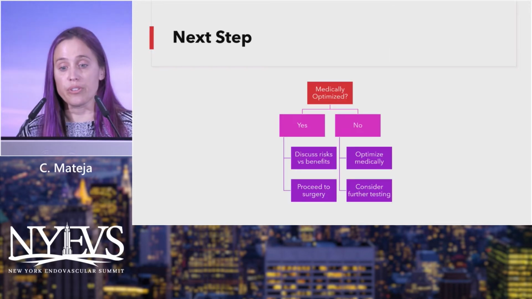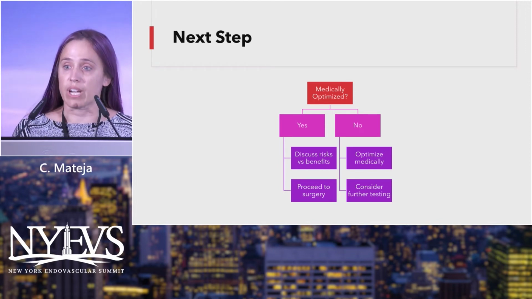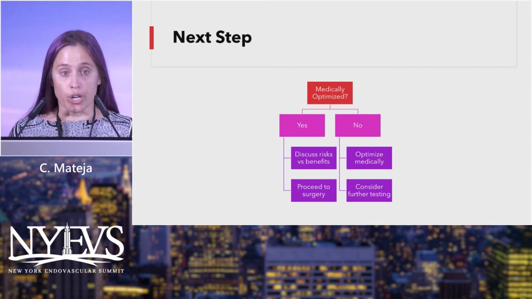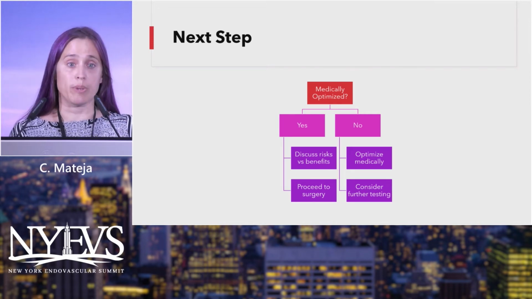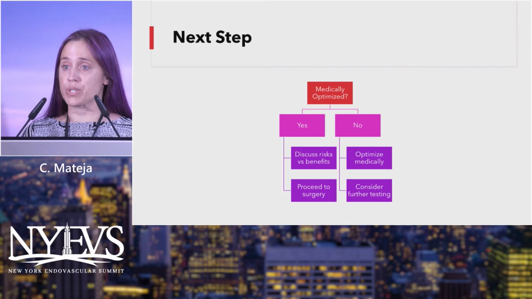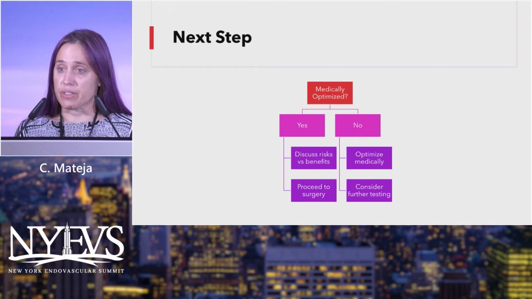So kind of going further, if they are medically optimized, so for example, if I have a patient who has known coronary artery disease, they may be asymptomatic from it, but they are considered to be elevated risk when we have gone through that whole RCRI type process. But they unfortunately may not be physically fit, so they can't get a METs greater than 4.